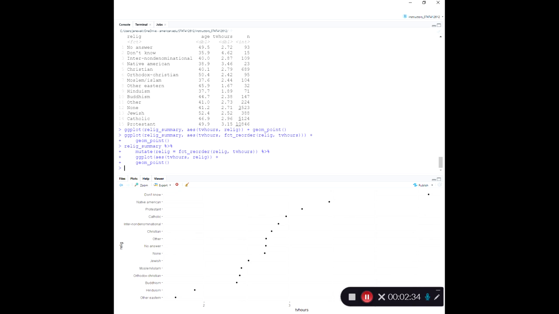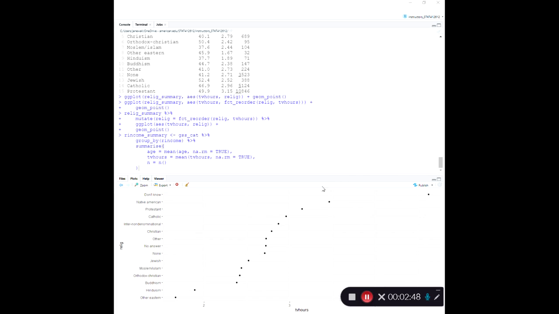Now, if I did the same thing, looking at income and age, it wouldn't make sense. Let's see why that is. So here what I'm doing is grouping it by income category, and for each income category, I'm taking the average age and the hours of TV.